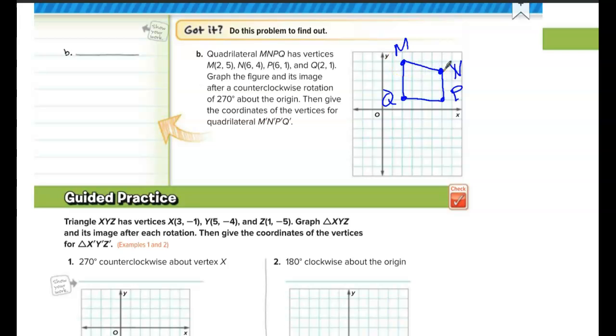Your shape should look like mine when you get done. Anybody got any questions on that part? Okay, go to the next page.